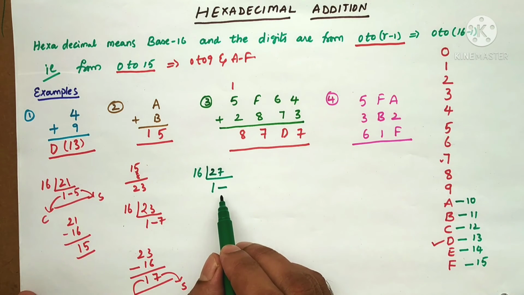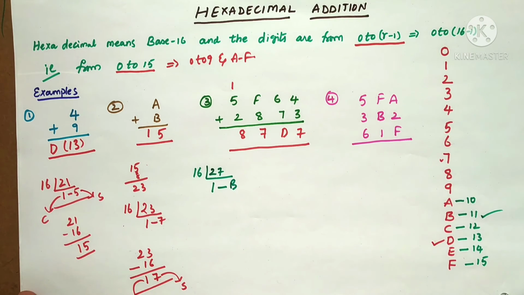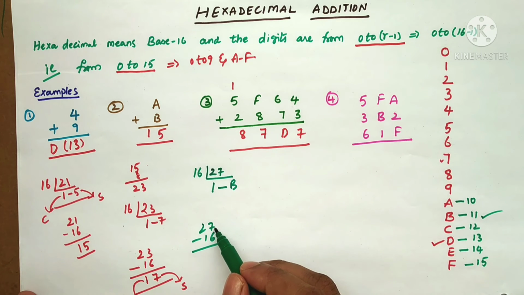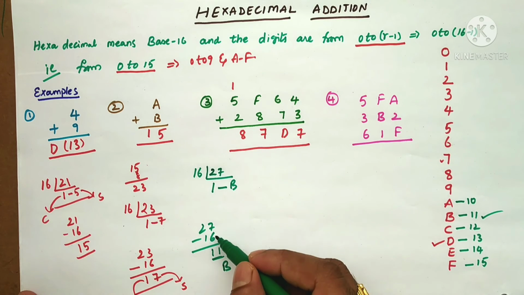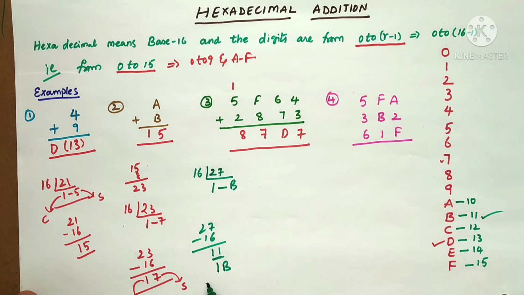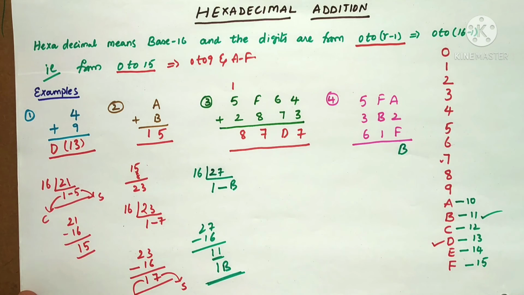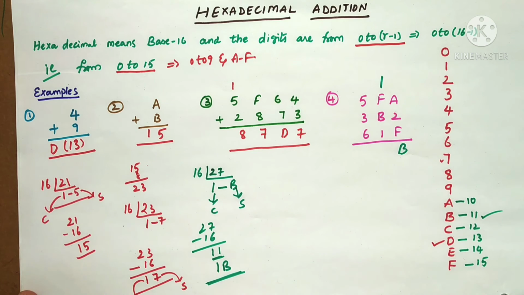No, it's right. 11 means B here. 16 ones are 16, so 27 minus 16. 7 minus 6 is 1, 2 minus 1 is 1. 11 means B. How many times have I subtracted 16 from 27? Only one time. So write 1 here. This is the answer. So B here and 1 here. B is the sum and 1 is the carry.